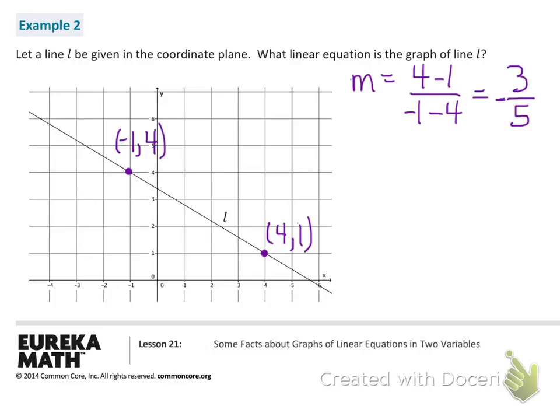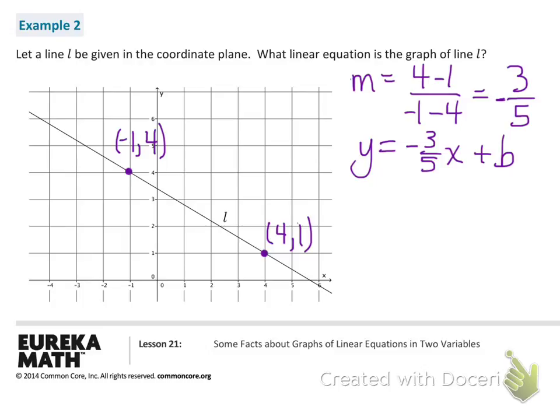So our starting point is y is equal to -3/5 x plus some number, and I don't know what it is, except that I do know that it's between 3 and 4 right here. It crosses the y-axis between 3 and 4. So we can find that number b by plugging in one of our known points.